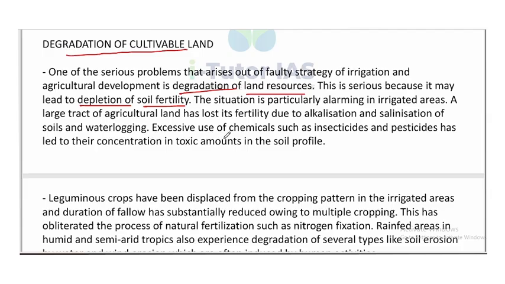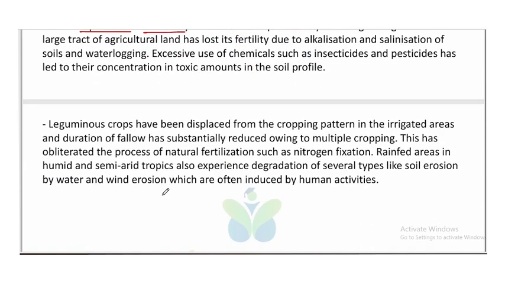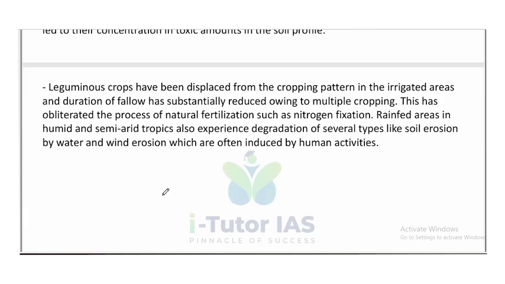Now, excessive use of chemicals such as insecticides and pesticides has led to their concentration in toxic amounts in the soil profile. Leguminous crops have been displaced from the cropping pattern in the irrigated areas, and the duration of fallow has substantially reduced, owing to multiple cropping. This has obliterated the process of natural fertilization such as nitrogen fixation.